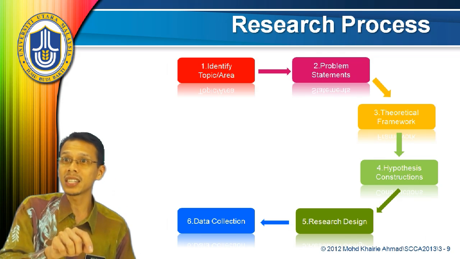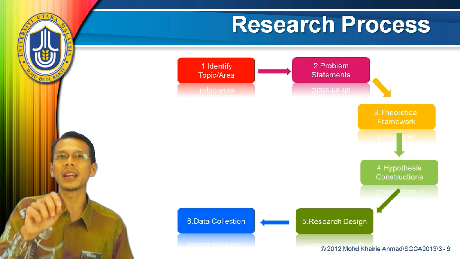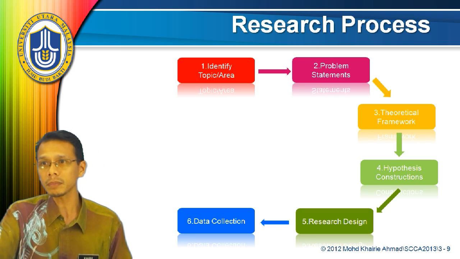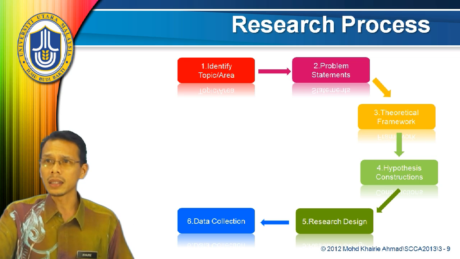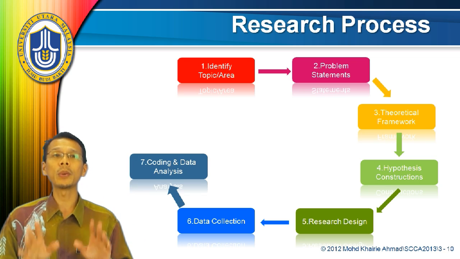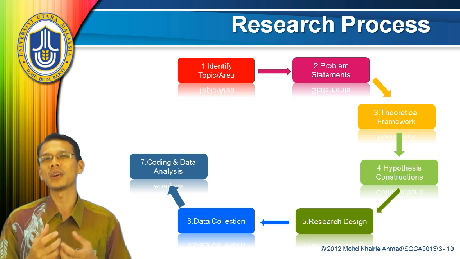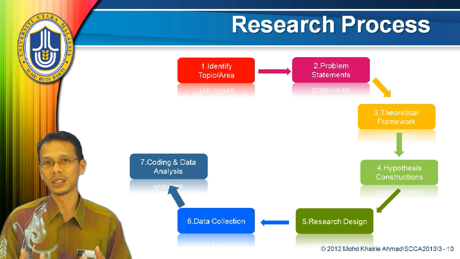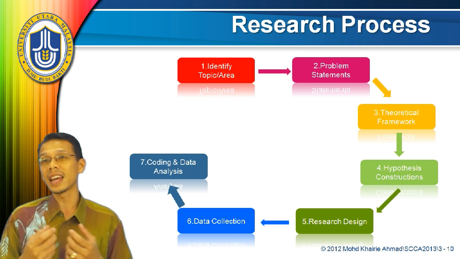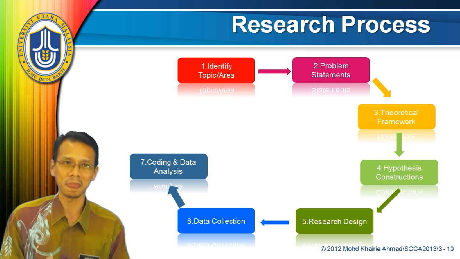When we talk about data collection, it is exactly what and how we are going to collect our data. It is the practical part. And after we collect the data, the next step, a very important and crucial one, is to deal with our data. Or we can simply say that this is the coding and data analysis process.